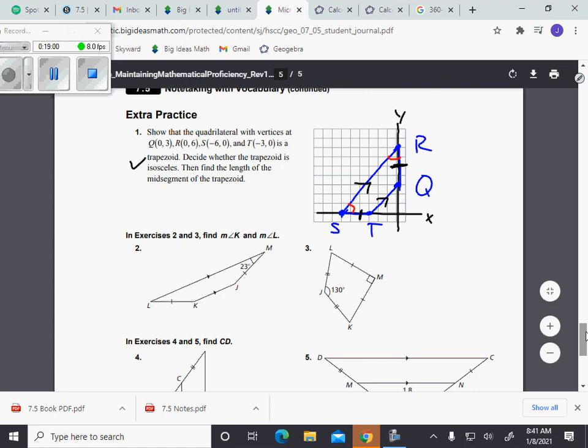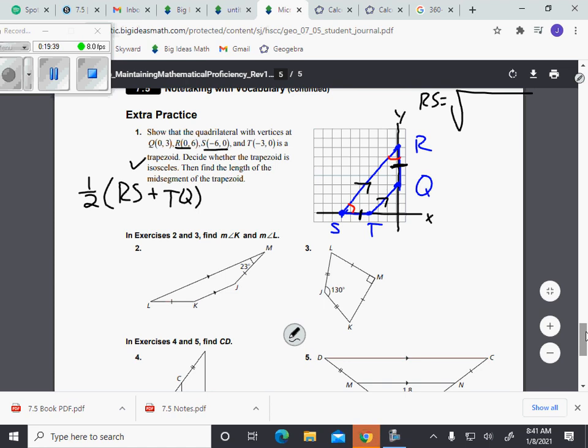Now we have to find the mid-segment of that trapezoid. We have to find the length. To find the length of the mid-segment, remember, it is 1/2 of our bases, RS plus TQ. And so I need to find the lengths of RS and TQ. How do I find the lengths? That's right, I have to use the distance formula. So I'm going to go up here. RS is equal to this big long square root.